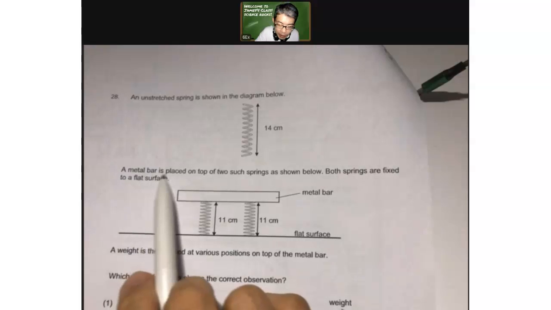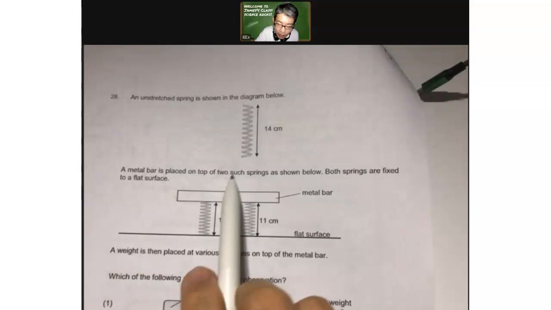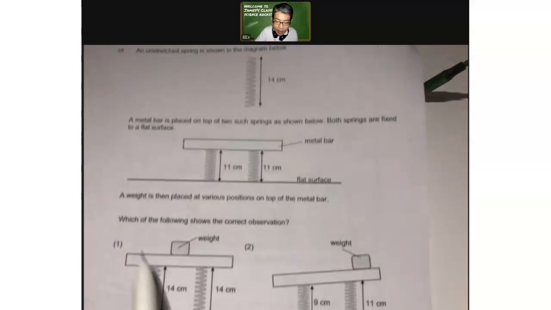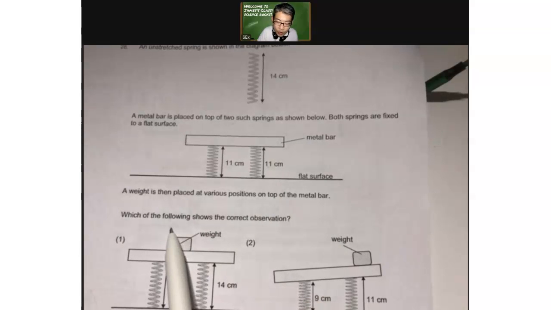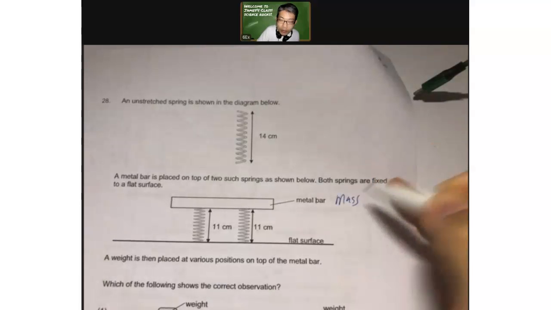A metal bar is placed on top of two such springs, and then it becomes compressed from 14 cm to 11 cm. A weight is then placed at various positions on top of the metal bar. We shall show the correct observation. If your metal bar has mass, alright, and then it presses down on the spring, it has weight.